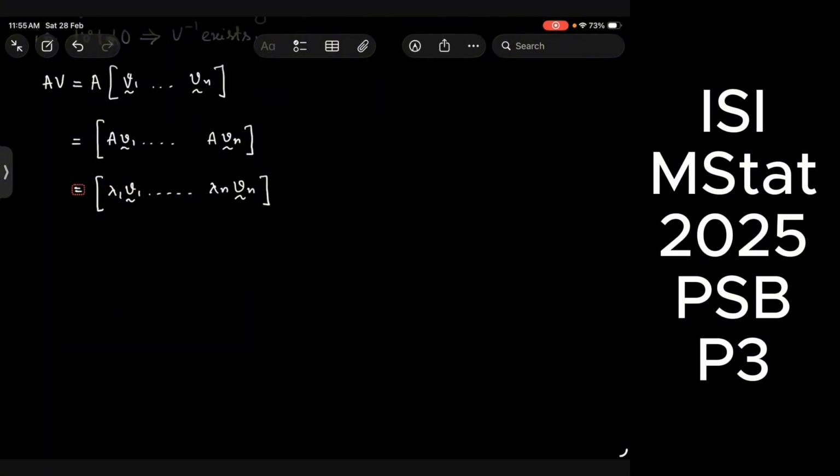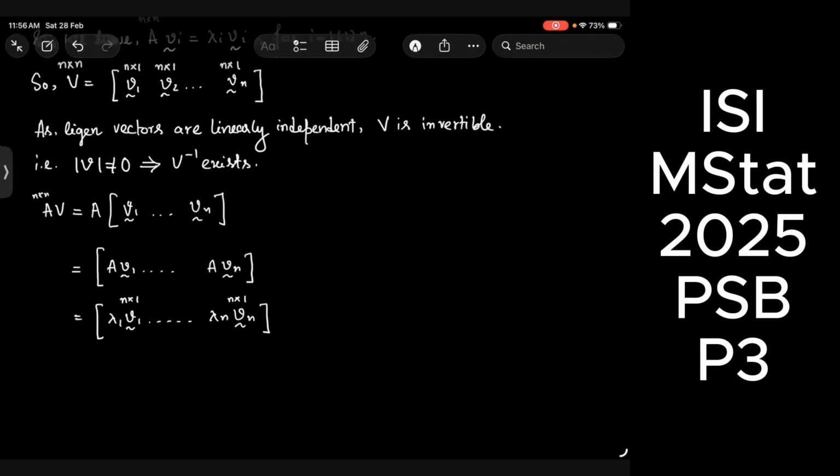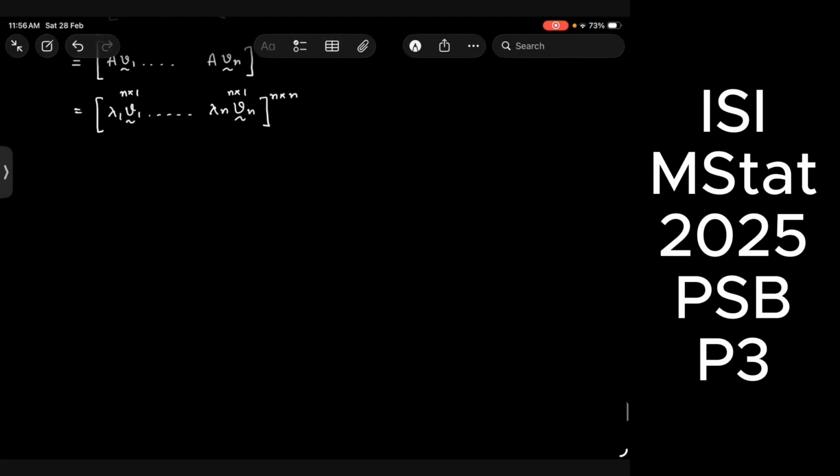Look, do you agree? So each of these is n cross 1, and all this will be n cross n, right?